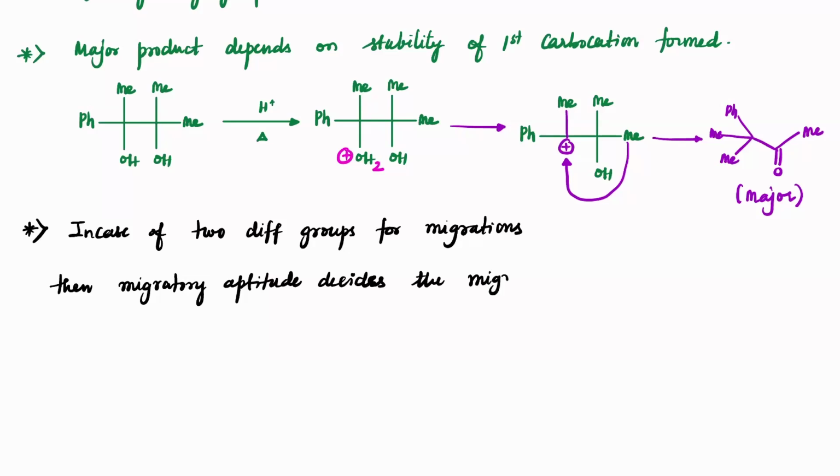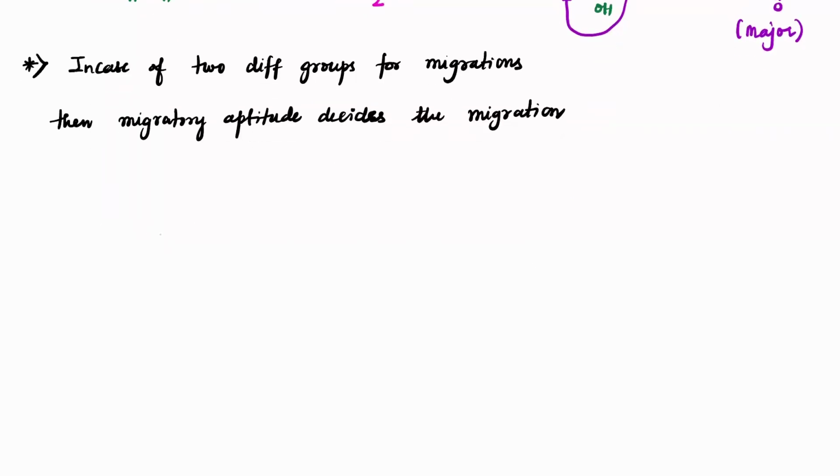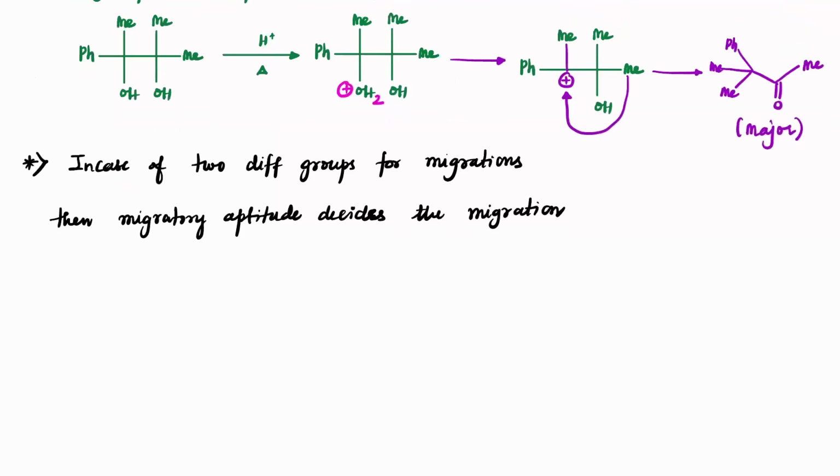Which one has to migrate depends upon its migrating aptitude. For example, any aryl group, that means phenyl, is always most preferable, then hydrogen, then 3 degree, then 2 degree, then 1 degree, then methyl. This is the migrating aptitude order first.